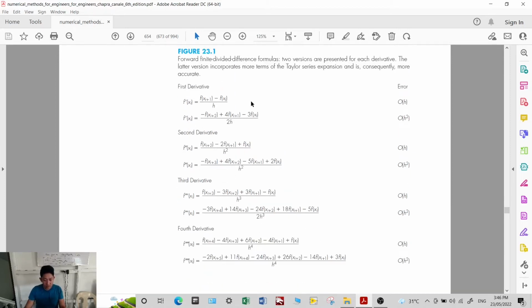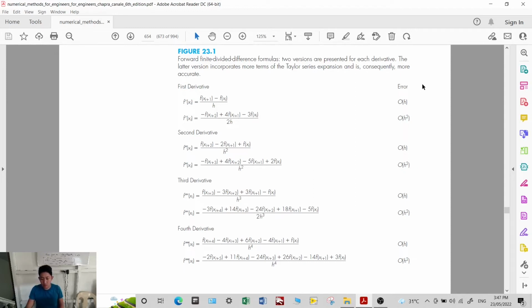The first is the basic one, wherein you truncate up to the first derivative, whereas the second is where you increase the number of terms and employ up to the second order term, which is what we derived previously.